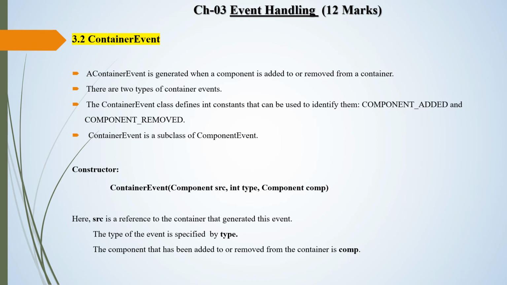Don't confuse the first and third parameters. These are different parameters. In the first we pass the object of the container, for example a frame, and in the third parameter we pass the object of any other component like a button. If I remove the button from the container frame, that time I pass the object of the button in the third parameter. So this is container event.